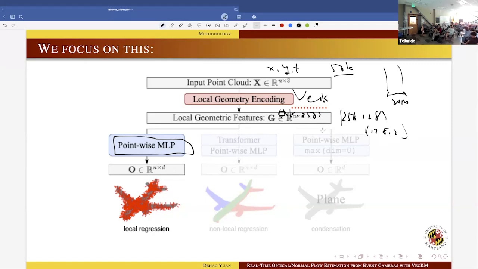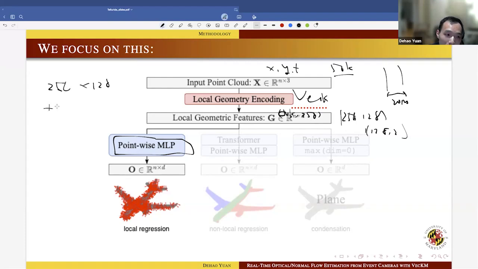So for each event, how many MACs do you have to do? How many multiply accumulates per event is required? 256 times 128 or something more. For each event, it is 256 by 128 plus 128 multiplied by 2, because it is a 2-layer network.